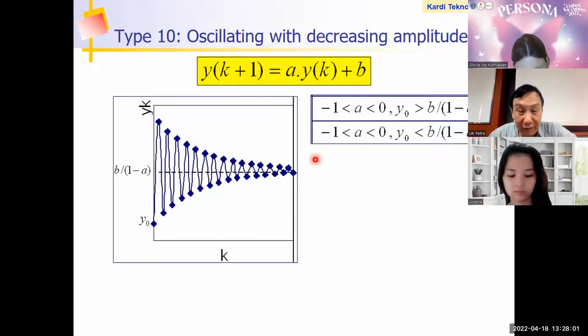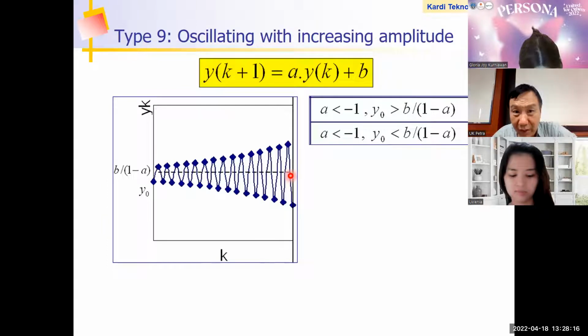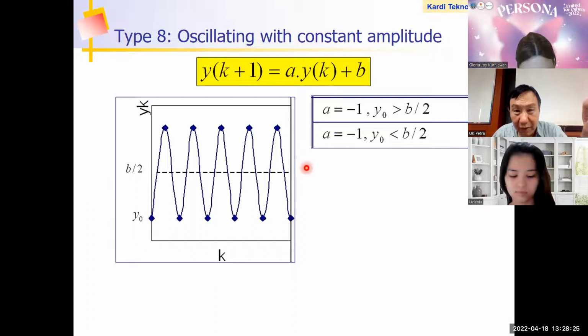If the value of A is between -1 and 1, it oscillates, but it will become stable. When the value of A is less than -1, it oscillates and becomes larger, so unstable. Exactly -1 is actually stable but oscillates with constant amplitude.